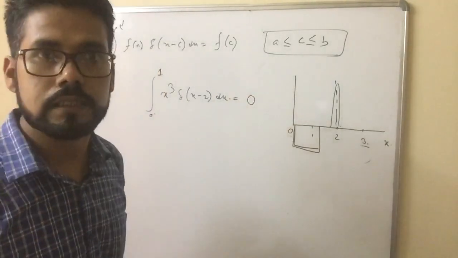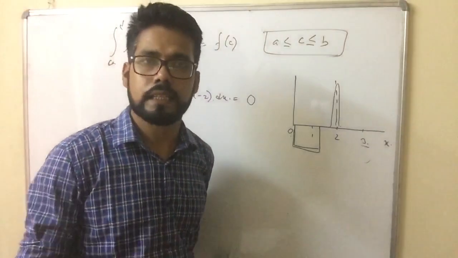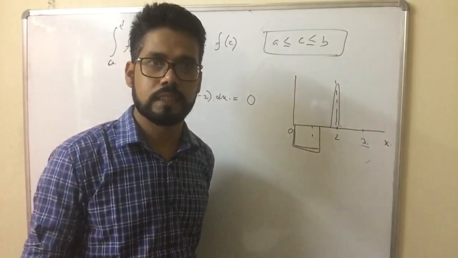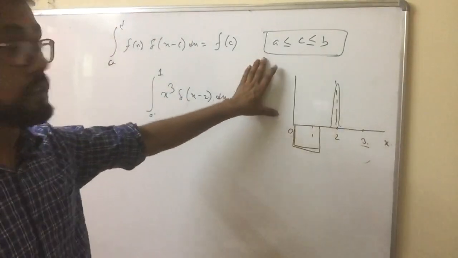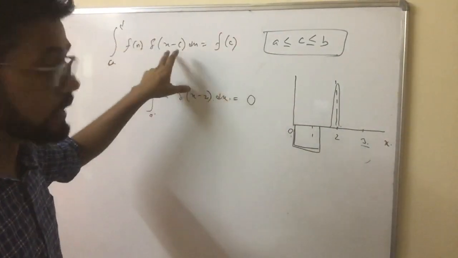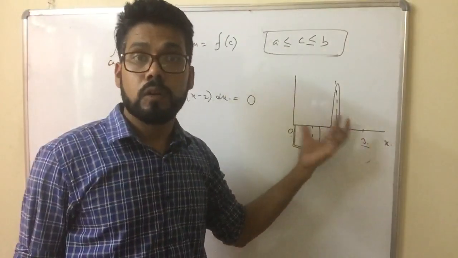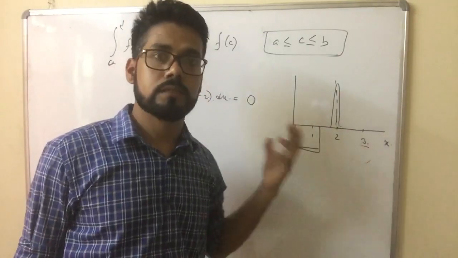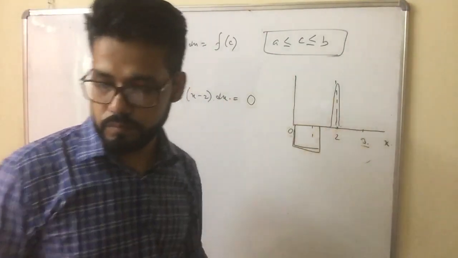Okay? This is the condition. This delta function question often comes in exams related to physics, whether it is the JEST exam, the GATE exam, or the NET exam. Always ensure whether the upper limit and lower limit include the delta function within that range or not. If it is covered, then it is well, according to this rule. If it is not covered, it is 0. Okay?